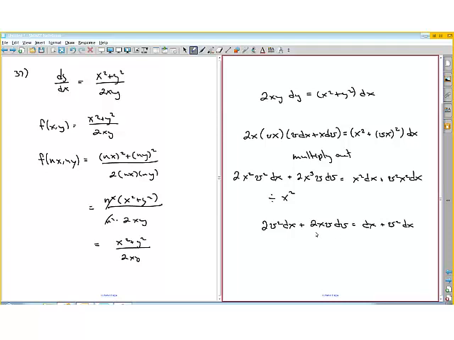Okay, the next thing you do is combine like terms or try to get everything together, and you see we have a 2v squared dx here and a v squared dx here. So I'm going to subtract v squared dx from both sides. That'll reduce the number of terms I have.